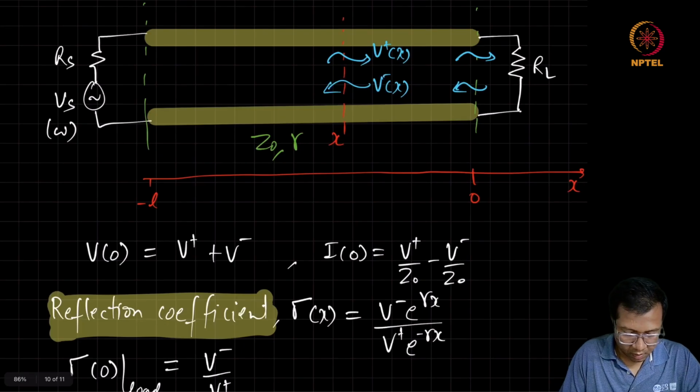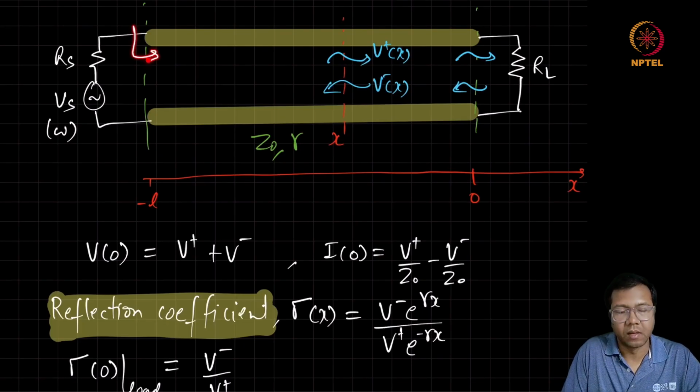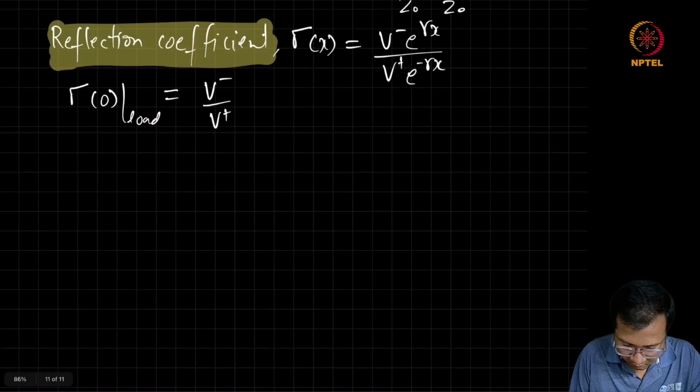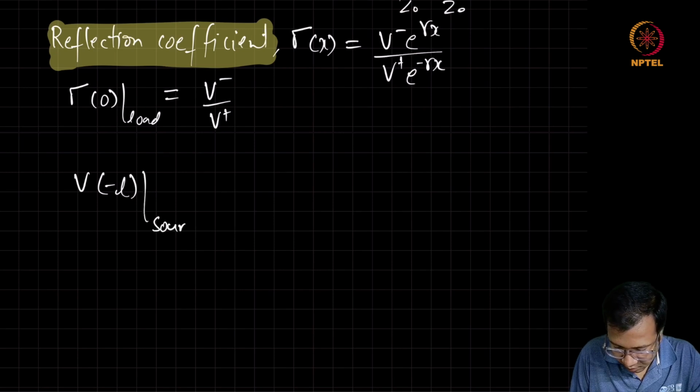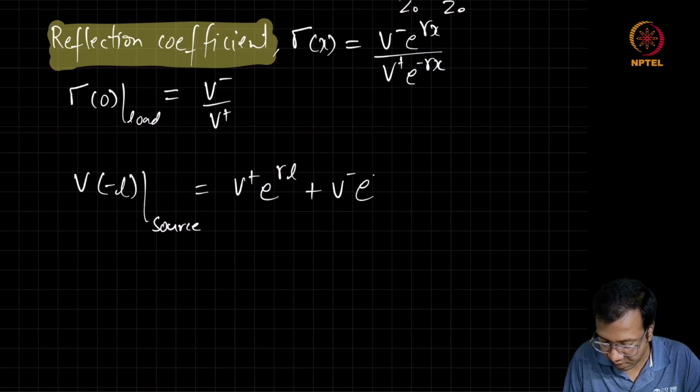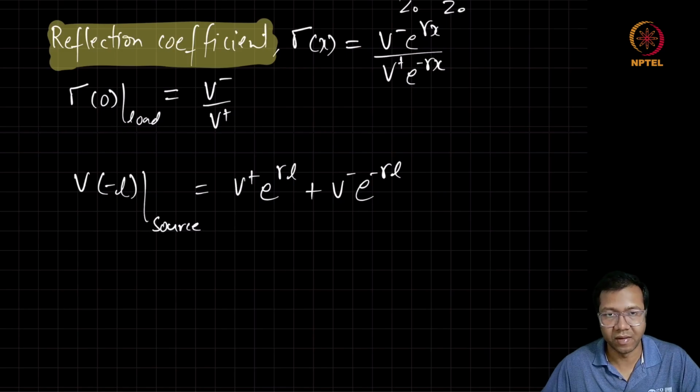Now if we write the equation for the voltage at the source end of the line, it becomes V at location minus L. This is at the source side, and becomes equal to V plus e to the power plus gamma L plus V minus e to the power minus gamma L. This is just a change in variable.